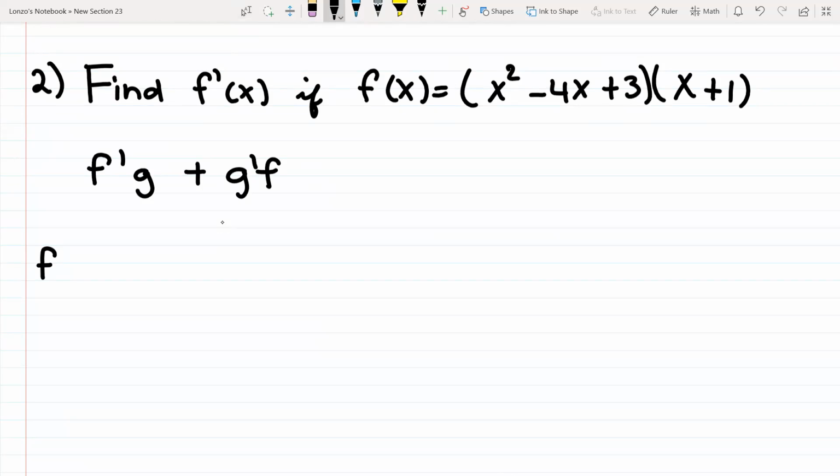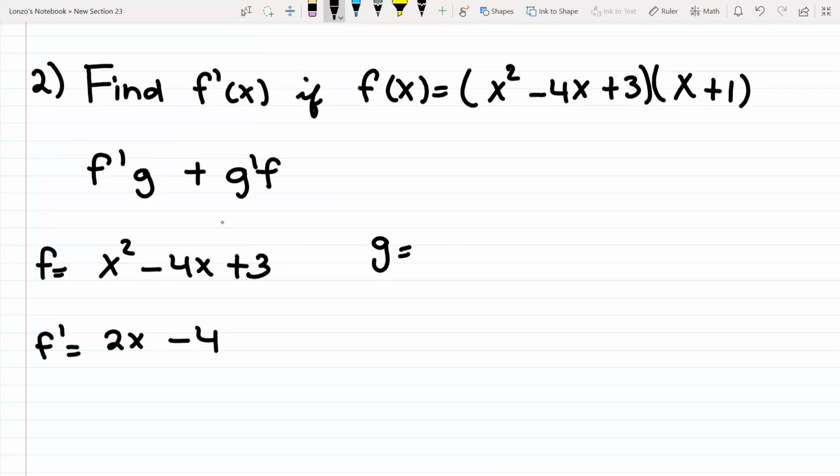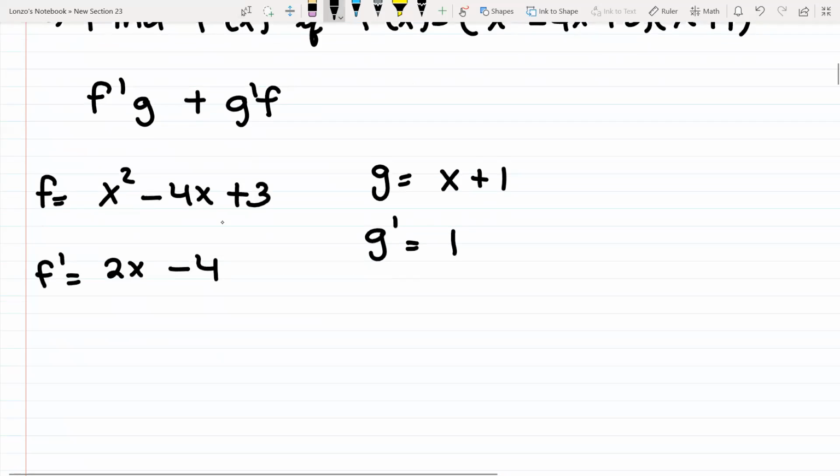So our f is x squared minus 4x plus 3, and f prime is 2x minus 4. And g is x plus 1, so g prime would be 1, because the derivative of x is 1 and the derivative of 1 is 0.